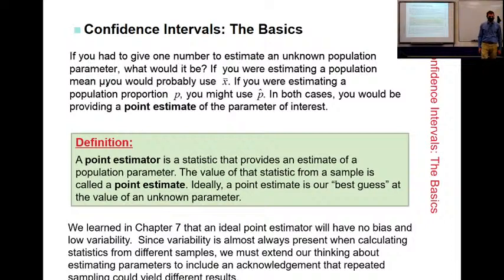So it is just the estimate we are getting from our sample. So when we build our confidence interval, which is what we're about to do, our interval is going to be centered around that sample mean or sample proportion or whatever we're getting from our sample. And we're going to call that value that it's centered around a point estimate.